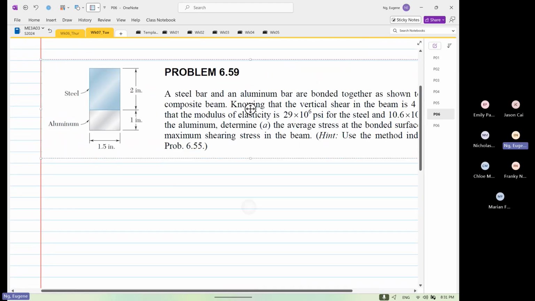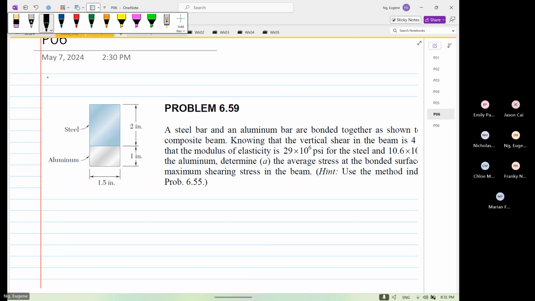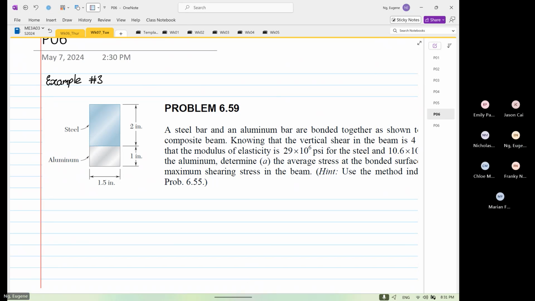Okay, so we are going to do example number 3 on shearing stress for sandwich material.